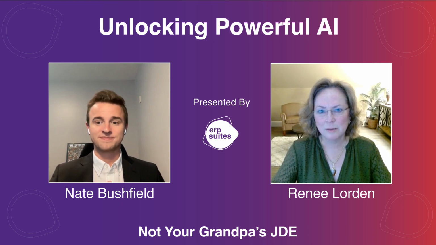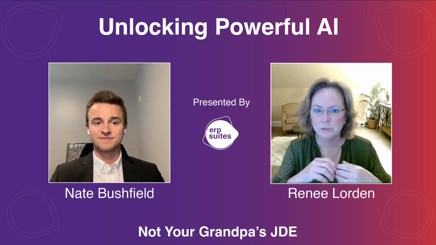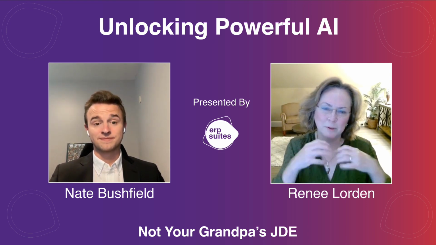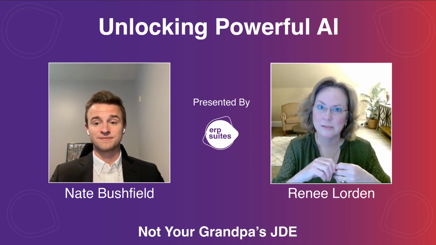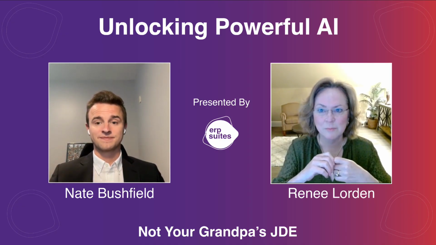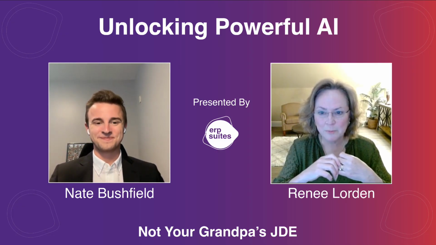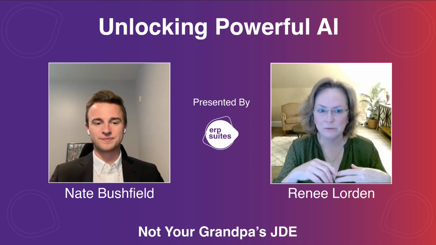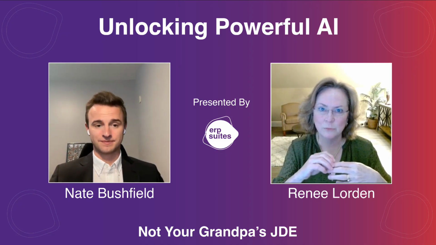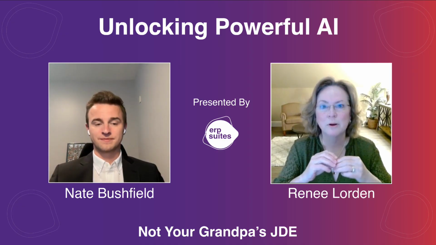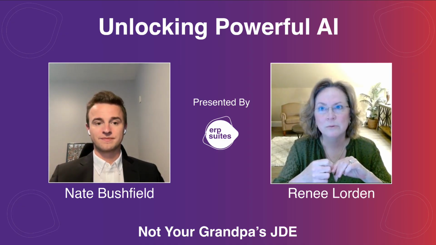So a lot of times people are wanting to improve efficiencies and they identify what they think might be a good AI use case, but it actually is something that just needs automation. It doesn't really need AI. And so thinking about the problem that you're trying to solve, but also the outcome that you're wanting to achieve when you solve that problem, and then the return on investment as well.